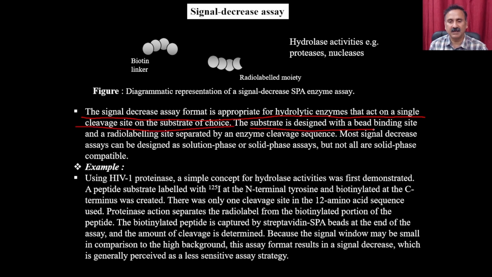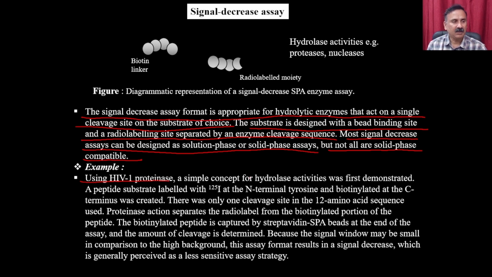The substrate is designed with a bead binding site and a radiolabeling site separated by an enzyme cleavage sequence. Most signal decrease assays can be designated as solution phase or solid phase assays, but not all are solid phase compatible. For example, you can use the SPA based protease assay to measure the HIV protease.